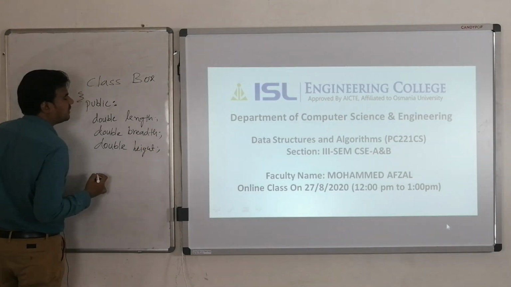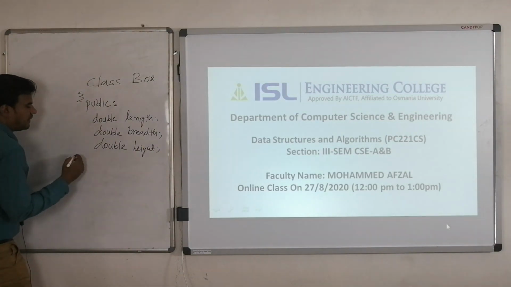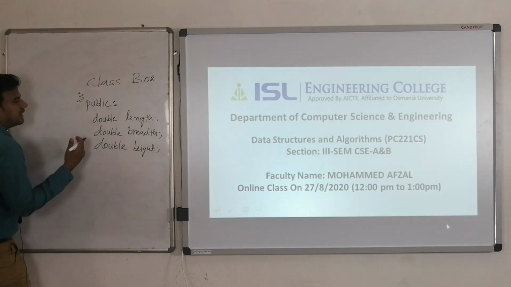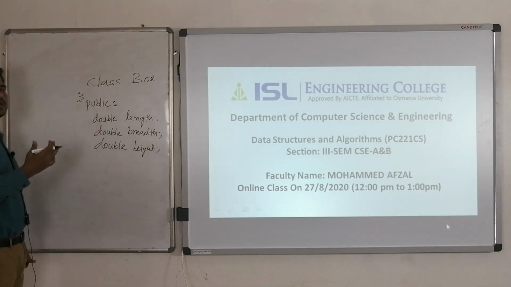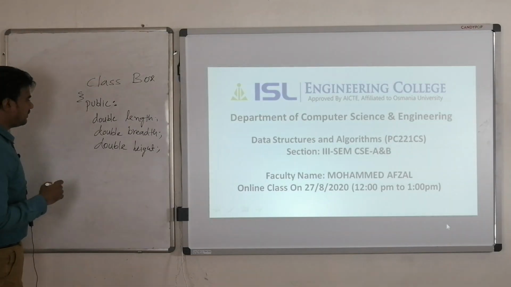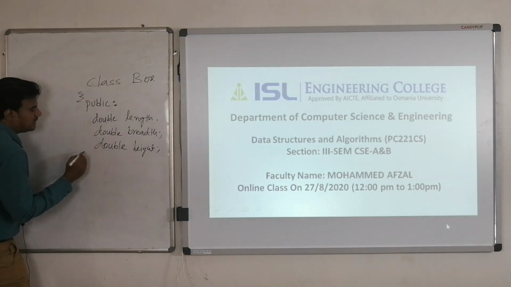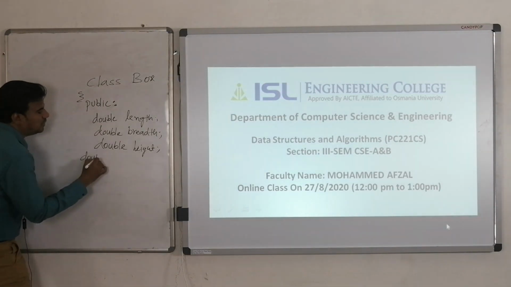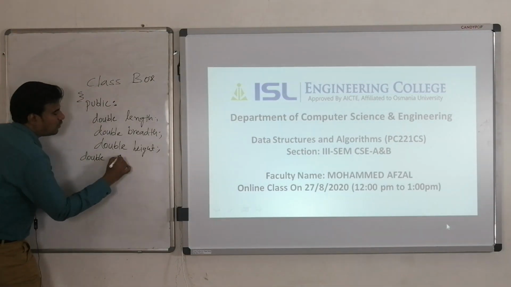Like this we have declared three data members. And for member functions, like get volume, what we can expect from a box is we can calculate the volume and print that volume in our program. To calculate the volume, the return type of the function is also double, and the name is get volume.